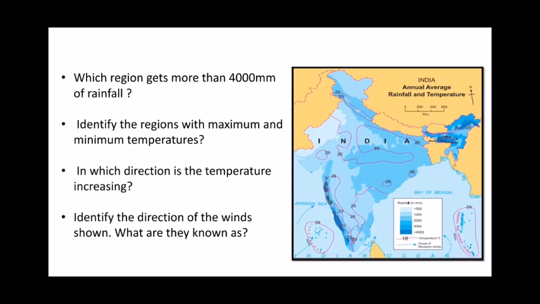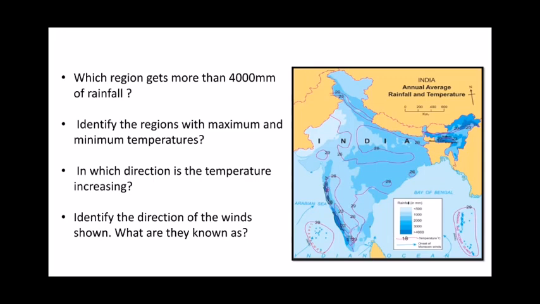Next question. In which direction is the temperature increasing? So if you look at the map, you can see that the temperature is increasing towards the south. Next question. Identify the direction of the winds shown. What are they known as?